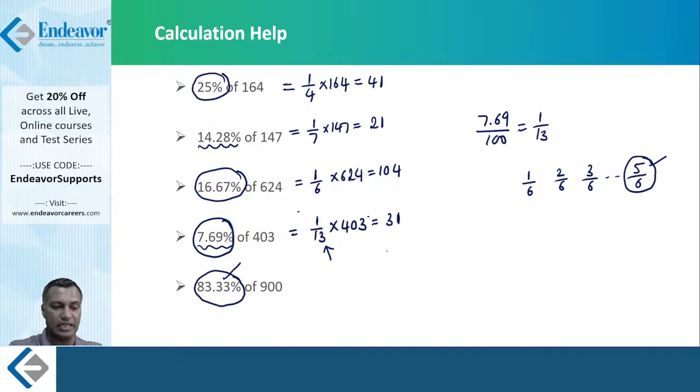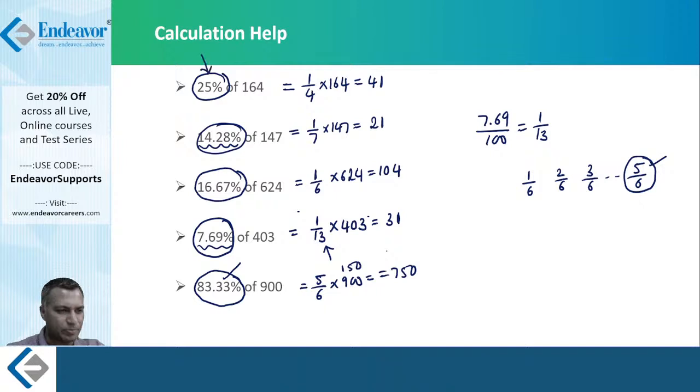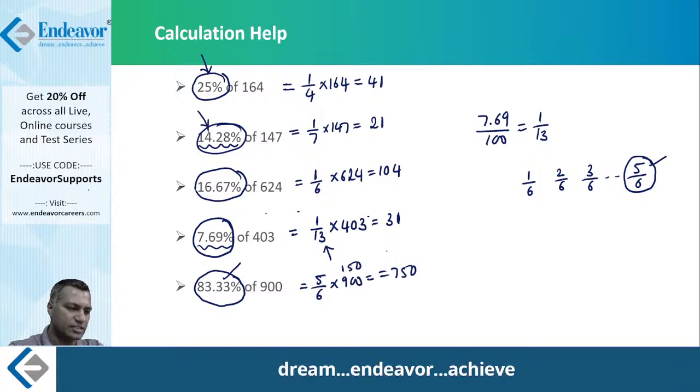That is the result. You might have understood how some of the not-so-good numbers, which on the face of it don't appear to be nice numbers, work. See, 25 appears to be a good number. So 25% of something looks pretty encouraging. 20% might appear to be a nice number. But if you get 14.28, 16.67, on the face of it, they might not look pretty appealing. But the point is, these are pretty popular percentage values, because if you just know up to 1 by 20, these popular figures can be handled with ease.